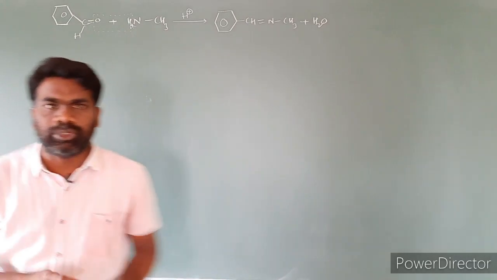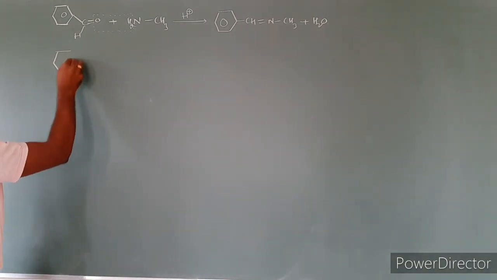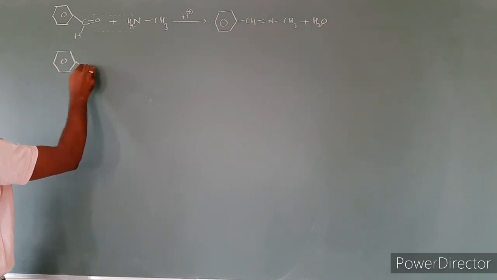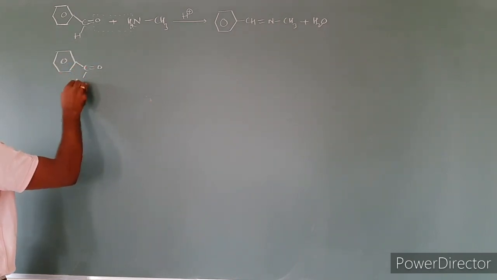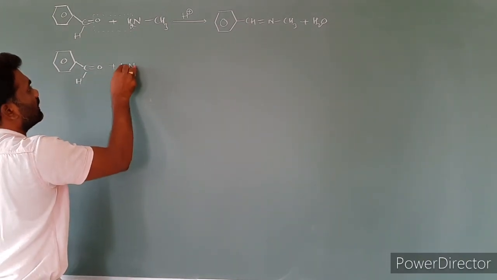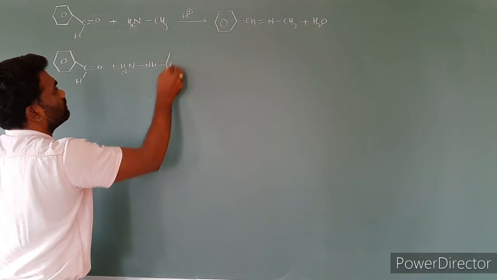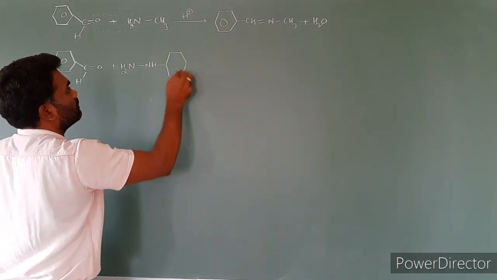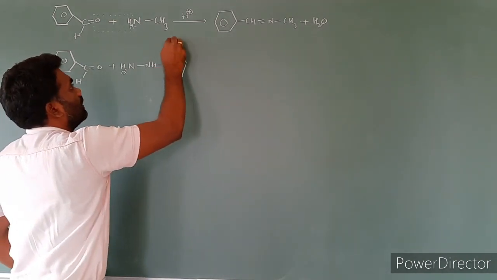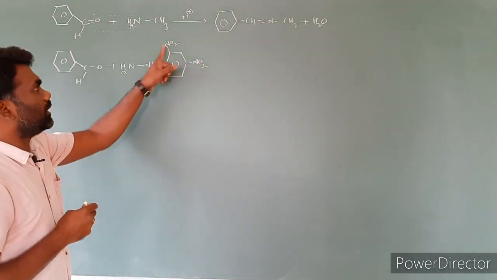Let us take one more example for better understanding. I am taking the aldehyde C double bond OH, plus the reactant NH2 NH attached to a benzene ring, with NO2 groups at the second and fourth positions.